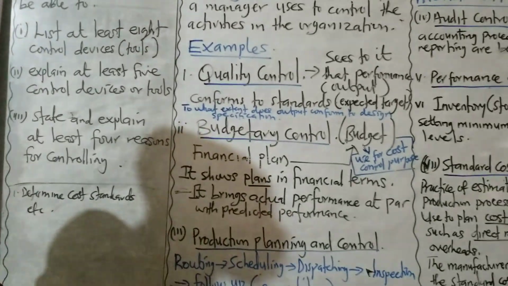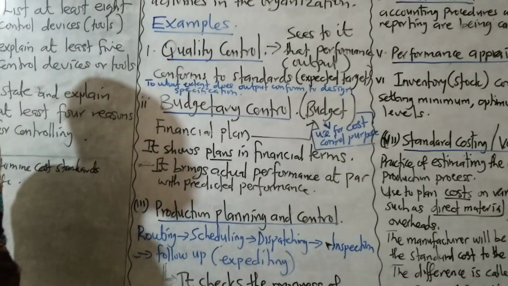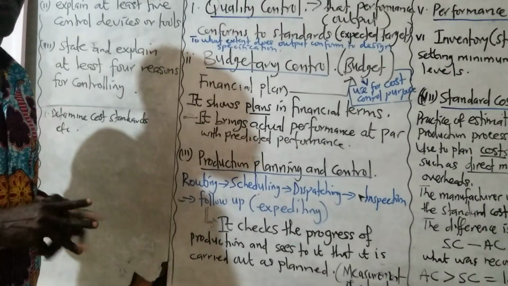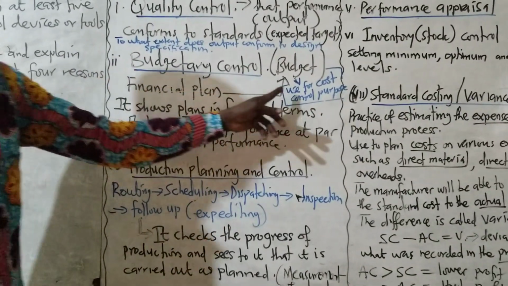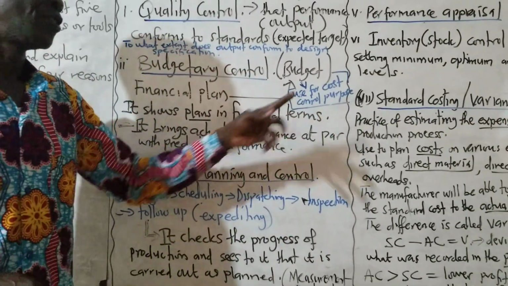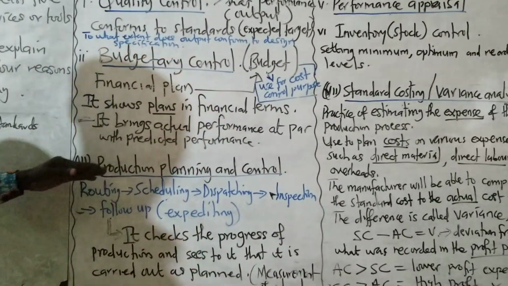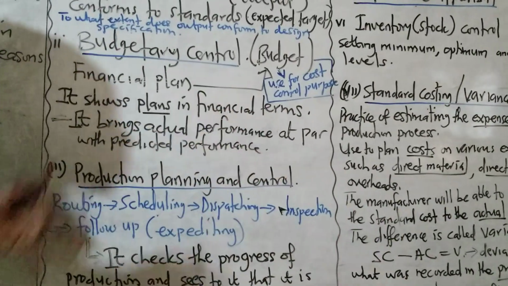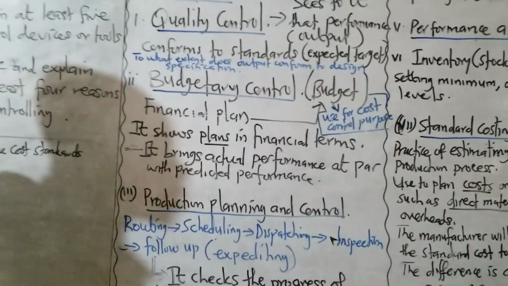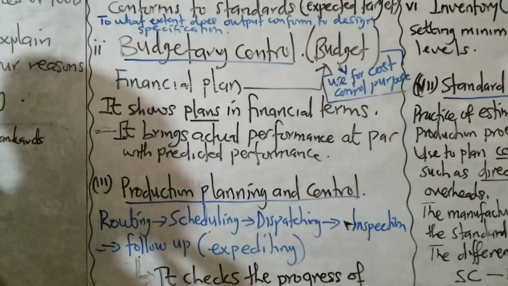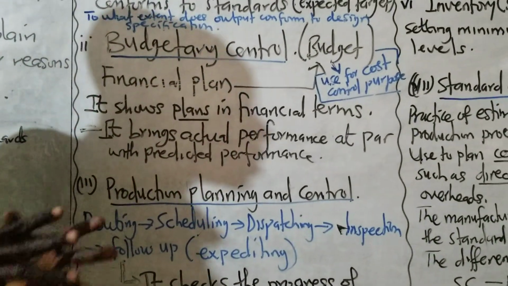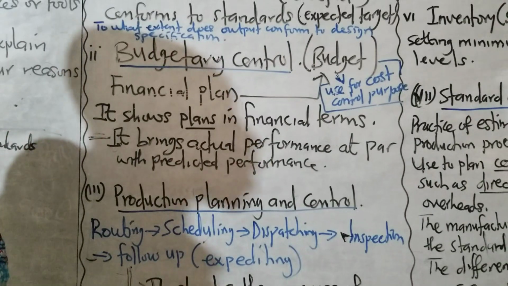Then the next one is production planning and control. So you remember here we are looking at it as used for cost control purposes. Production planning and control. What is it? I said it involves 5 main steps. The first part is the planning.